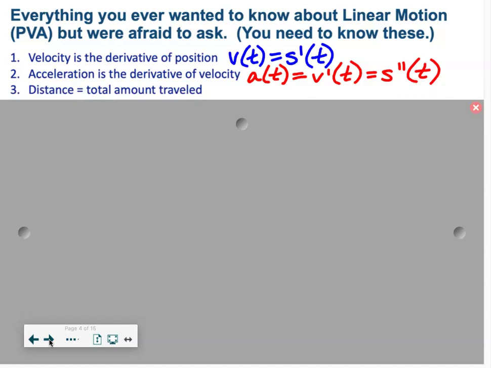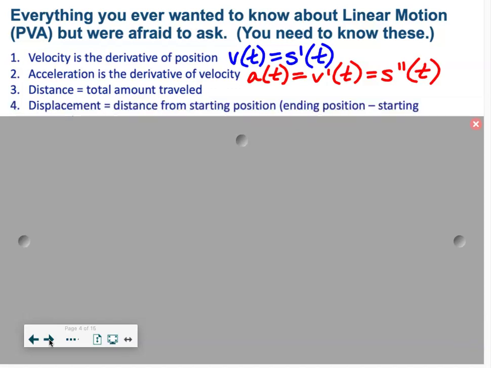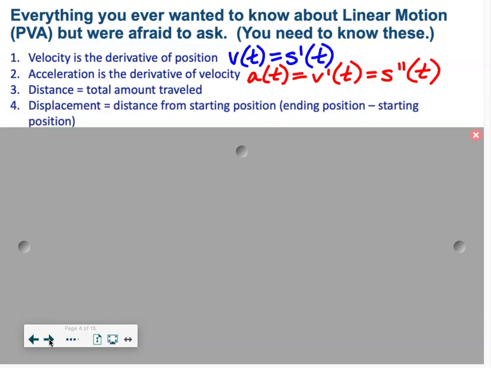Distance is the total amount you've traveled. We haven't done a lot of distance versus displacement. Distance is, like, if I walk 10 feet this way, and then I turn around and I walk 10 feet back, my distance traveled would be 20 feet, right? It's how far I had to walk. But my displacement is how far I am from where I started. So my displacement would just be 0 because I didn't actually change position from beginning to end.